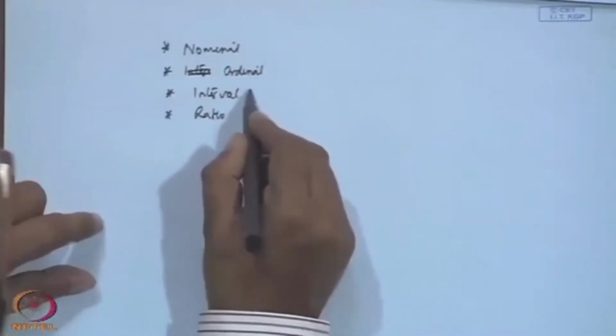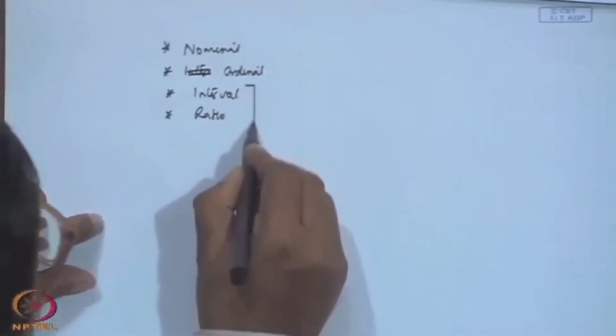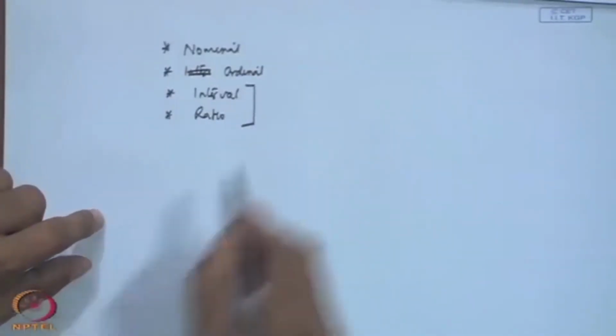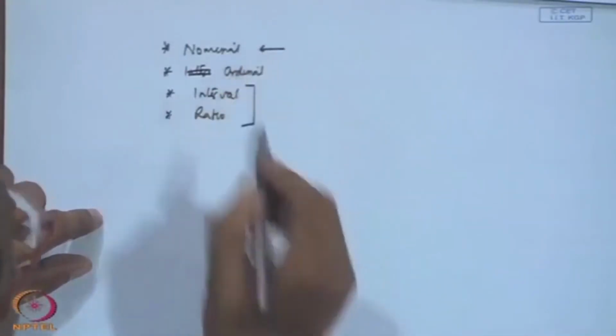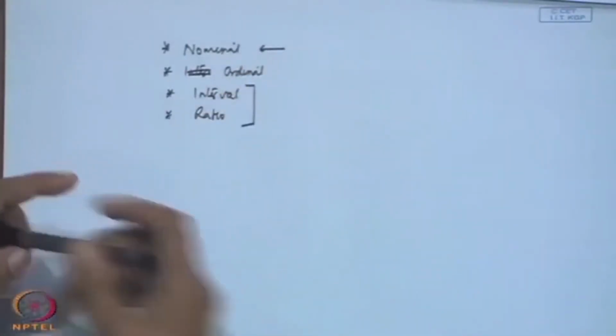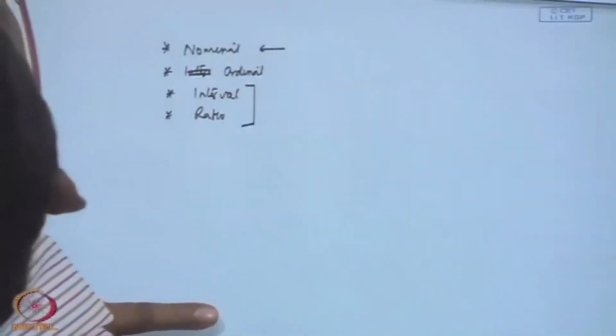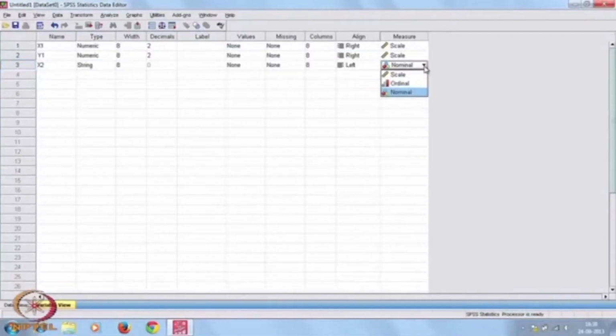When it is said scale data, this basically comes from interval and ratio, and then there is nominal data. If I click this, you see scale, ordinal and nominal are available here.